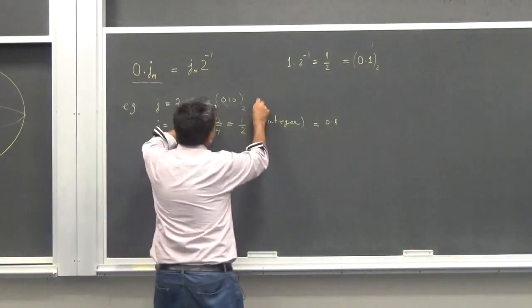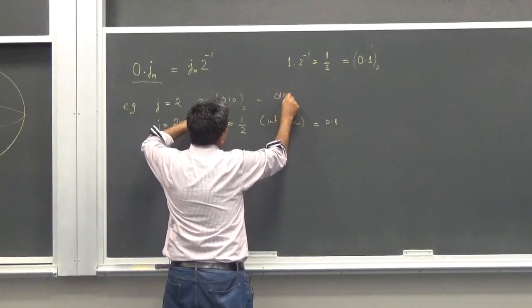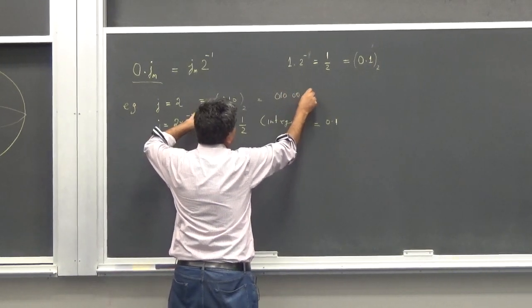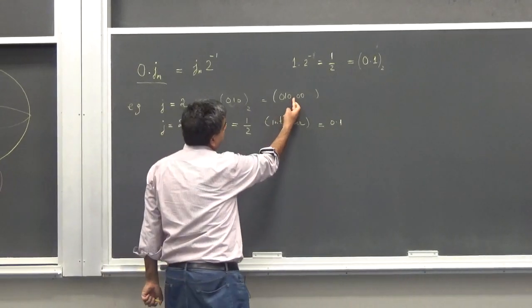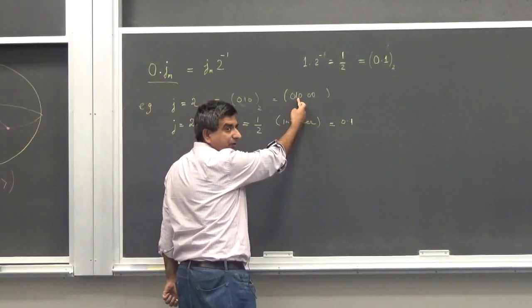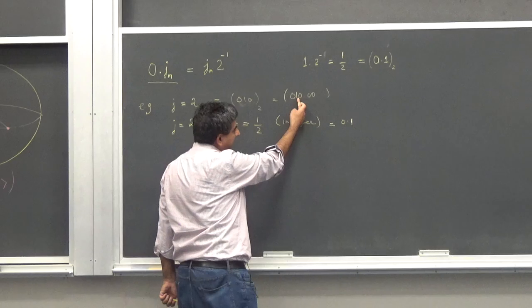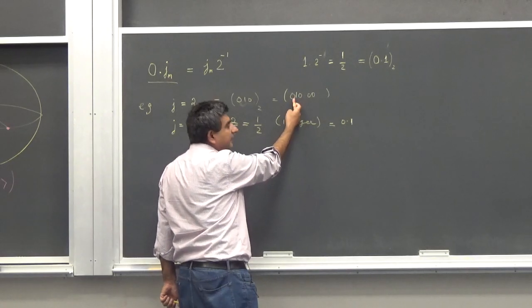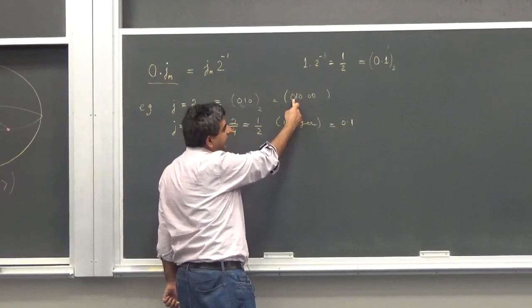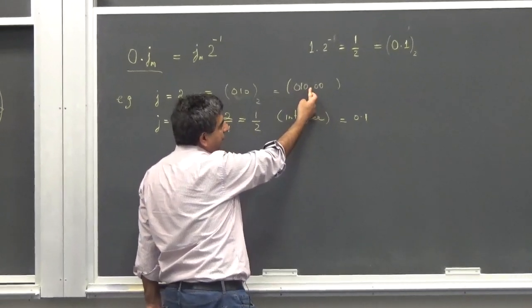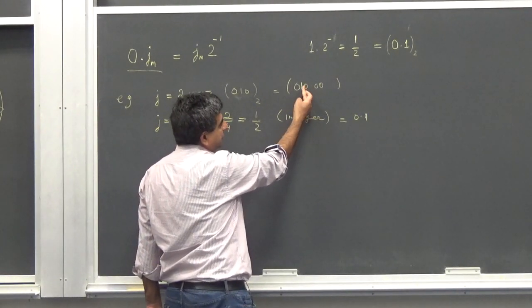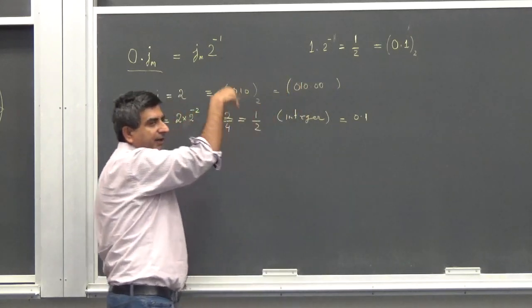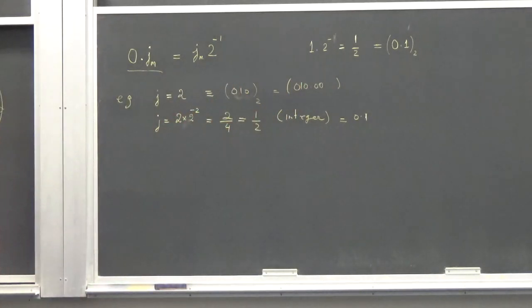This thing really is 0, 1, 0, 0.000 and so on. So when I divide by 2 in binary form, the decimal point shifts to the left 1 position. I divide by another factor of 2, it shifts leftwards. So each division by a factor of 2 is going to hop this decimal point from one position to the next position on the left. Alright, so this is just a notation.